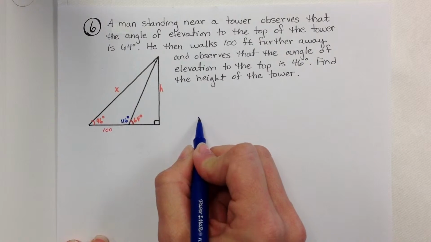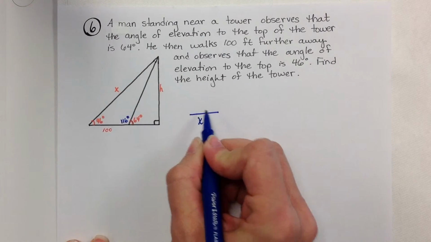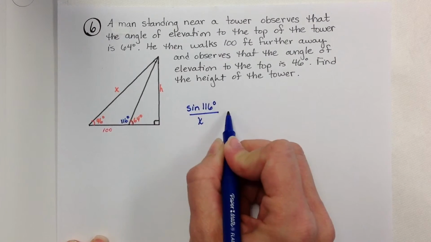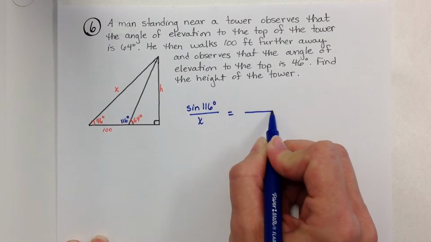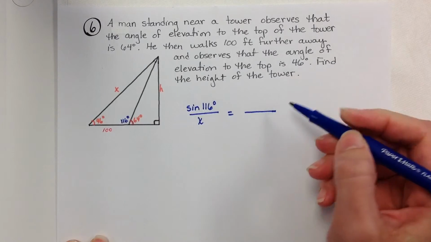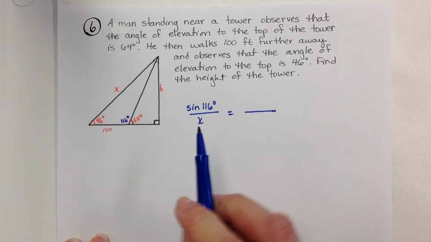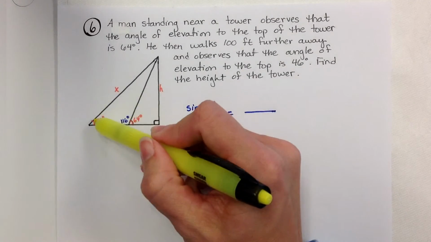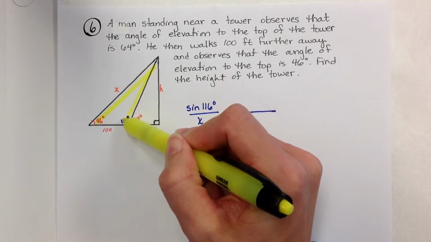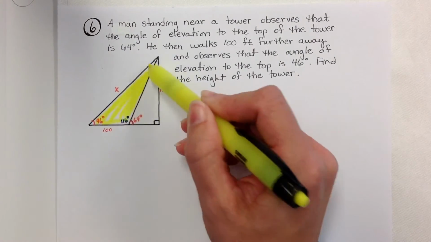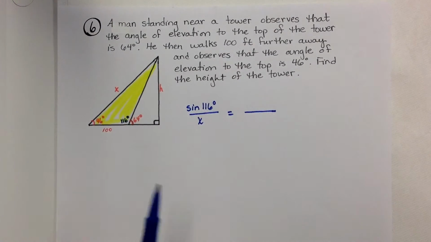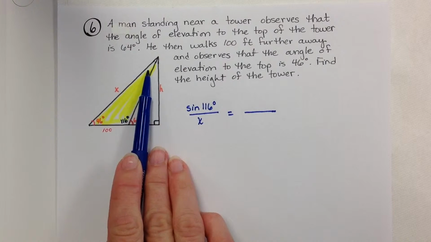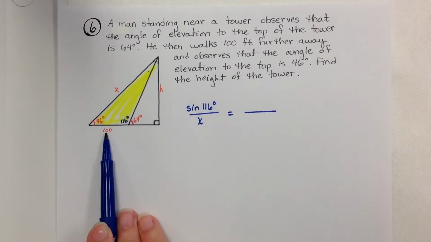Okay, so let me go ahead and start setting this up little by little. So if I'm going to find X, I'm going to use sine of 116 in the numerator. Now the ratio that I set it equal to, I have to know angle and side. Well, if I'm using this triangle here, I know this side, but I don't know its angle, the angle that's opposite the 100.